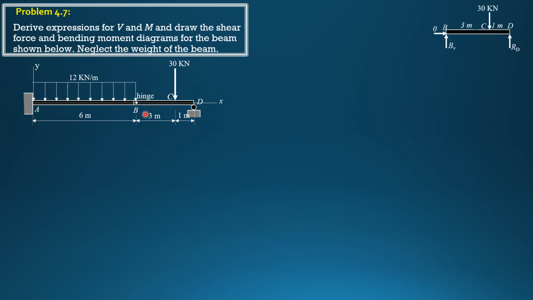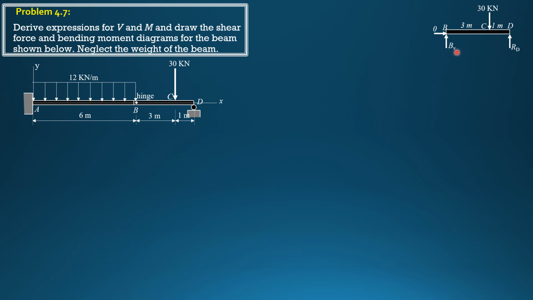So first, portion BD is determinate, or we can analyze the reactions for portion BD, BCD. So this is the free body diagram. The horizontal reaction at the hinge is 0. Of course, there's no inclined load. So to solve for Vb, we sum up moment about D equals 0.